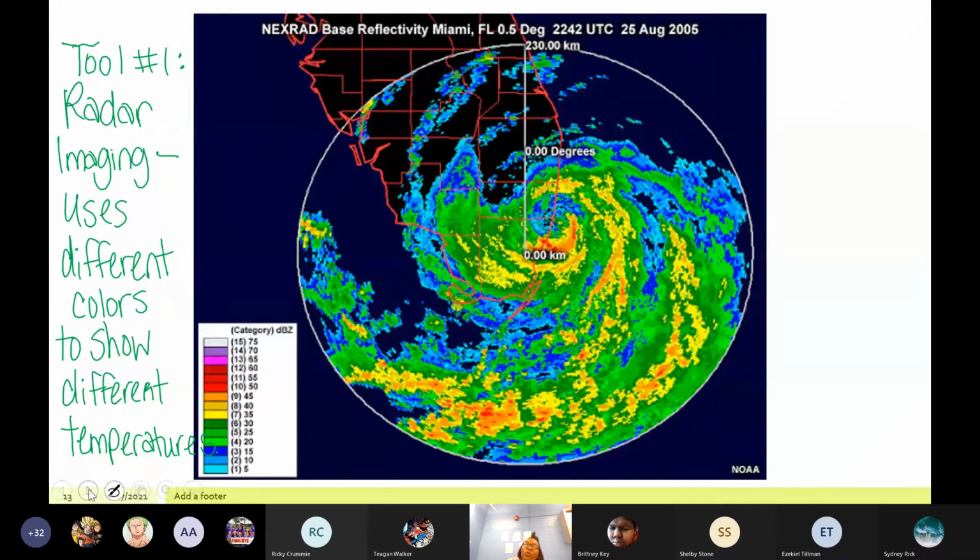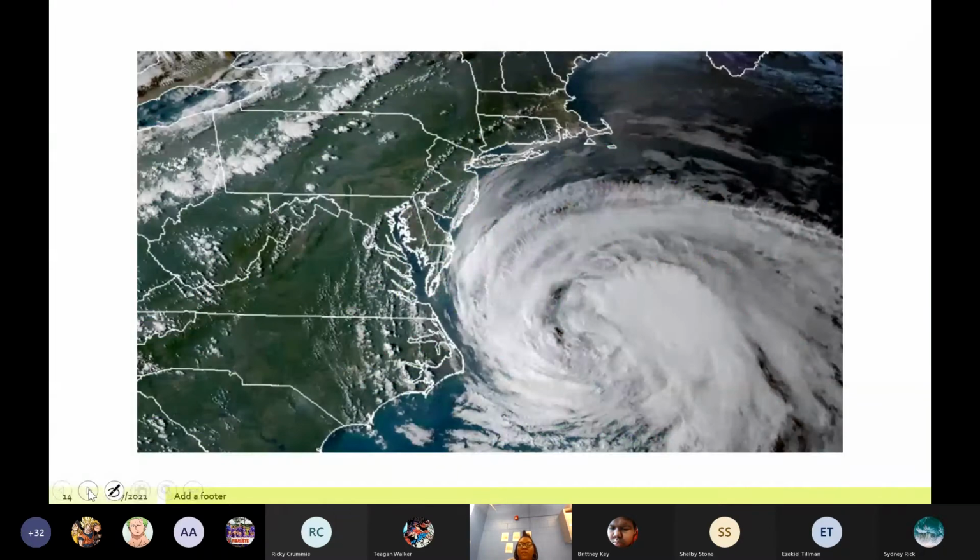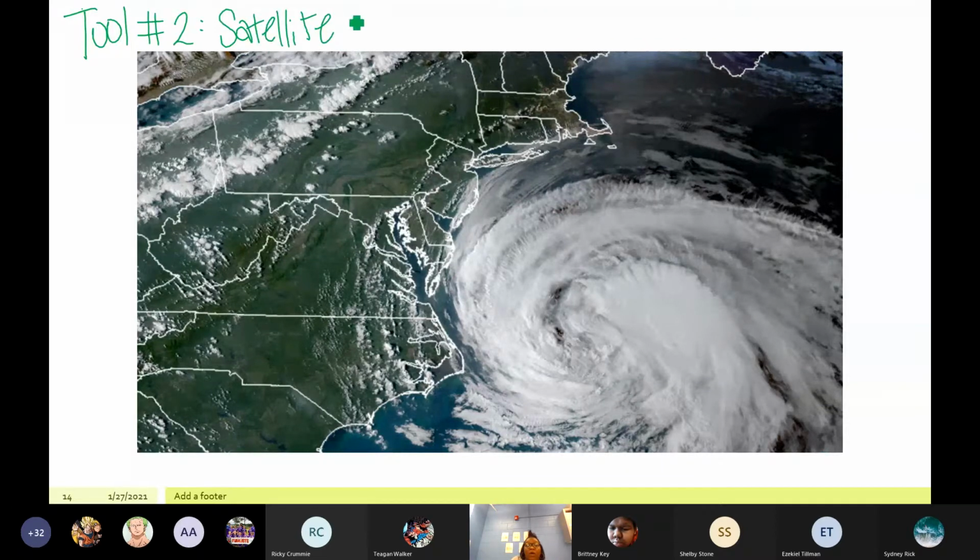So the second tool that a meteorologist can use is a satellite image. Tool number 2. A satellite image, as you see already right now, does not show the colors that a radar image shows because it measures different parts of a weather system.